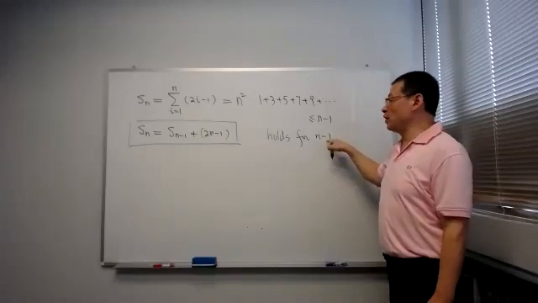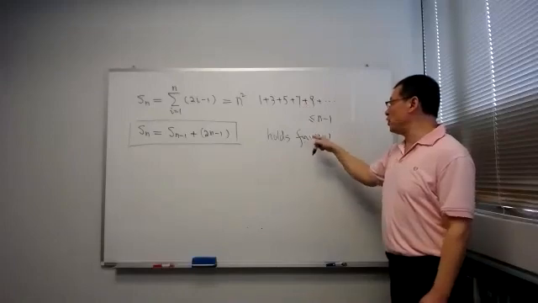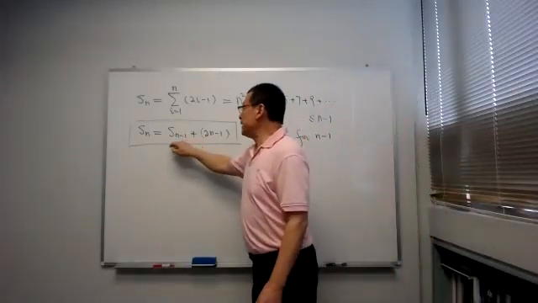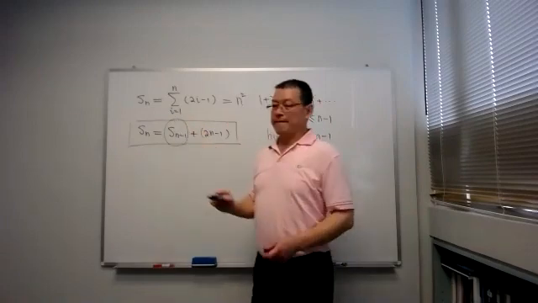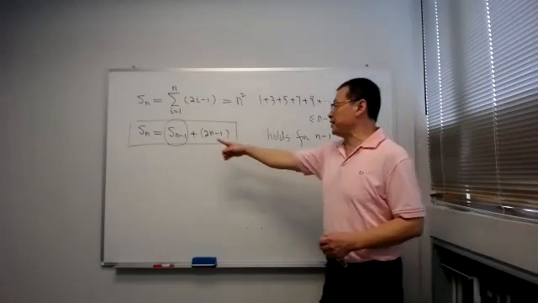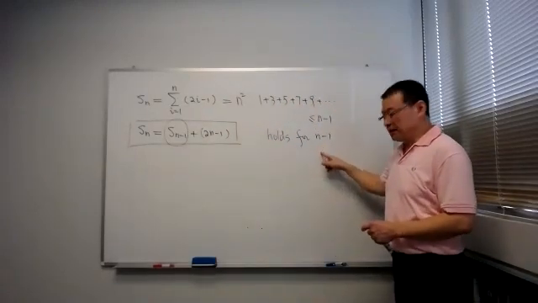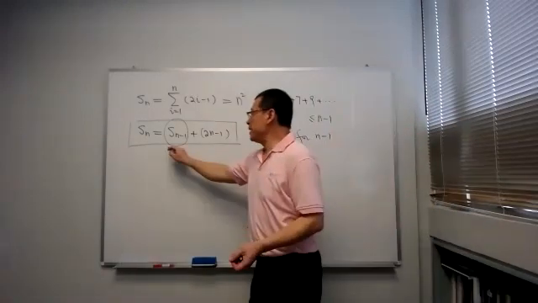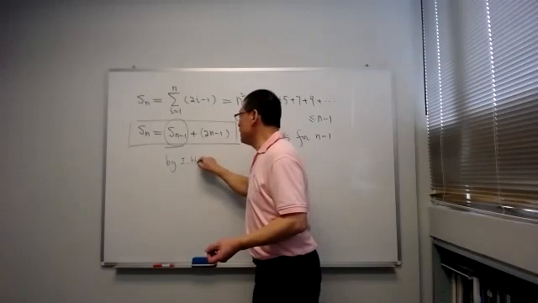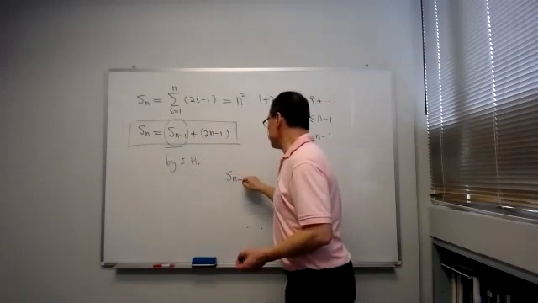We assume this sum holds for this. Then we'll try to prove this one also holds for n. So in this particular case, so in mathematical induction, actually we implicitly use this recurrence to prove that it also holds for n. So what we do is by induction hypothesis, we know this one, so we can assume this one is known.